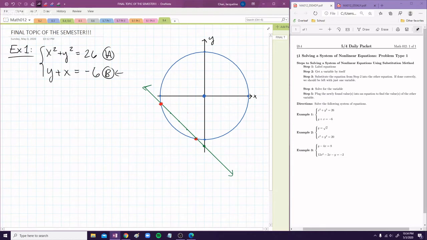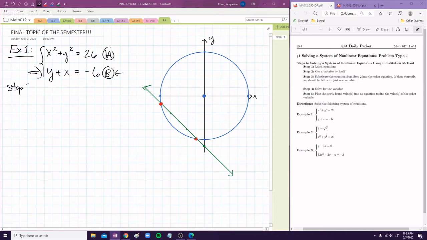So it's going to be easier to plug in y into here or x into here as opposed to trying to plug in y squared into here. It'll just be messy. So we have the choice. I'm going to use equation B, but now do we want to use x or do we want to use y? It doesn't matter. I'll go ahead and just use y.